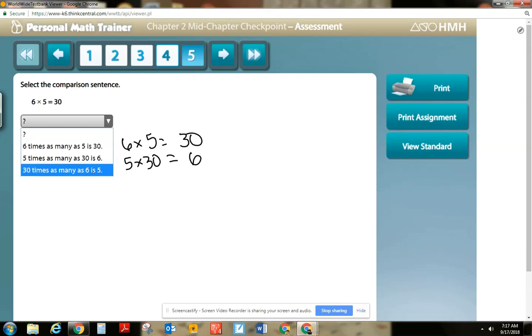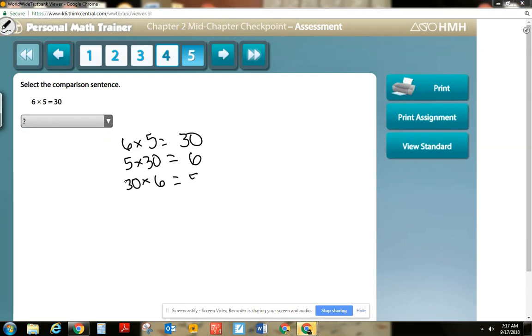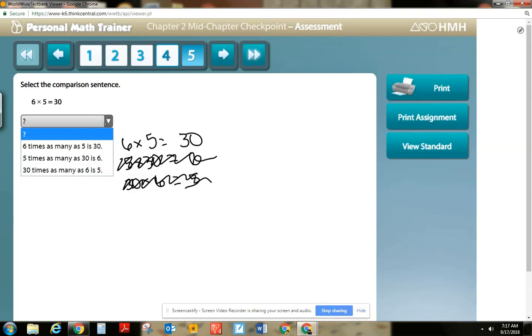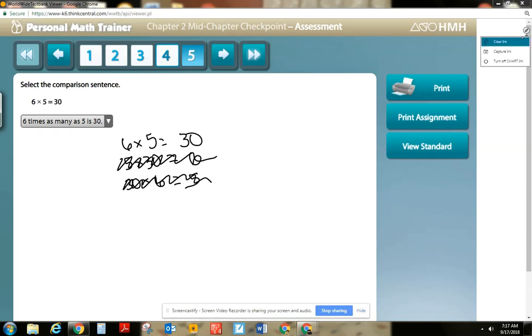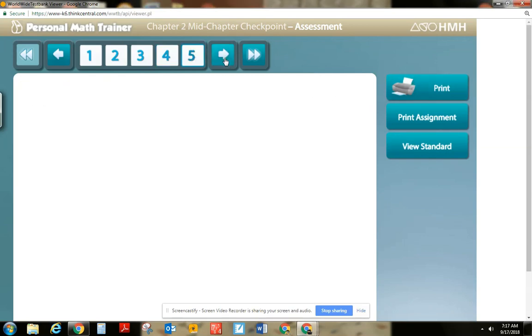No. 30 times as many as 6 equals 5. Well, this last equation could be true if this was a division symbol, but it's not. 5 times 30 equals 6. Even if that was division, that doesn't make any sense. 5 times 30 is not 6. 6 times 5 is 30. So you have to make sure that you're clicking the correct comparison sentence to go with the equation.